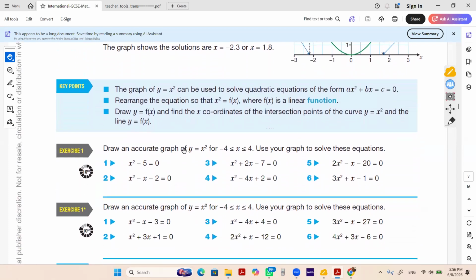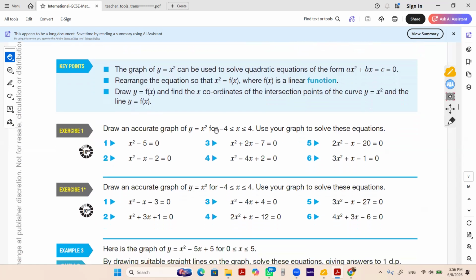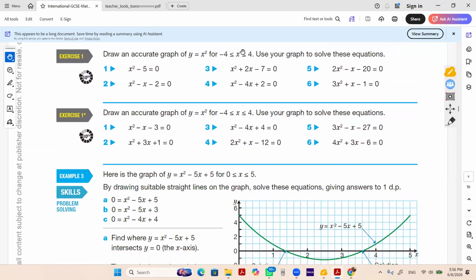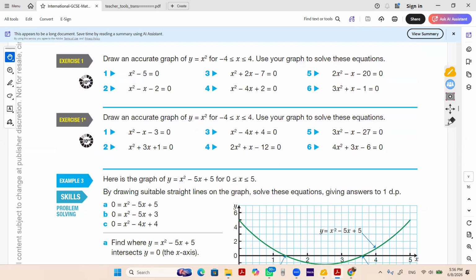Draw a graph y equals x squared from -4 to 4. Use the graph to solve this equation. Let's try together. y equals x squared. I will just open graph paper for you.